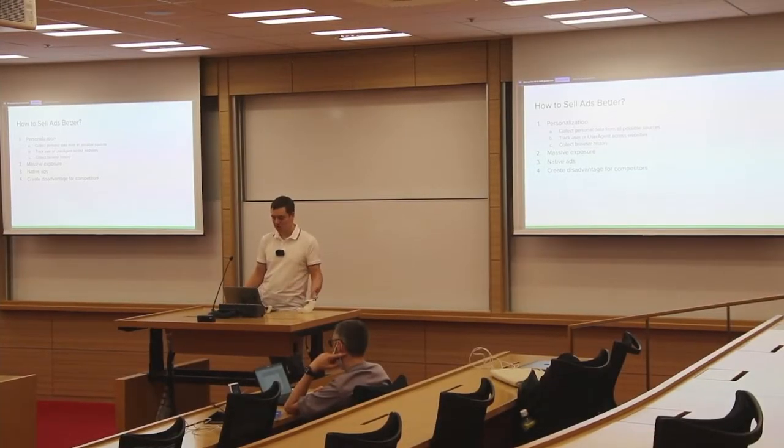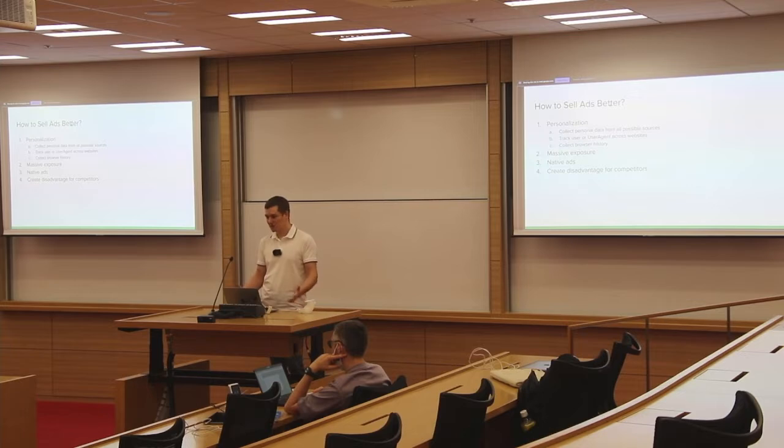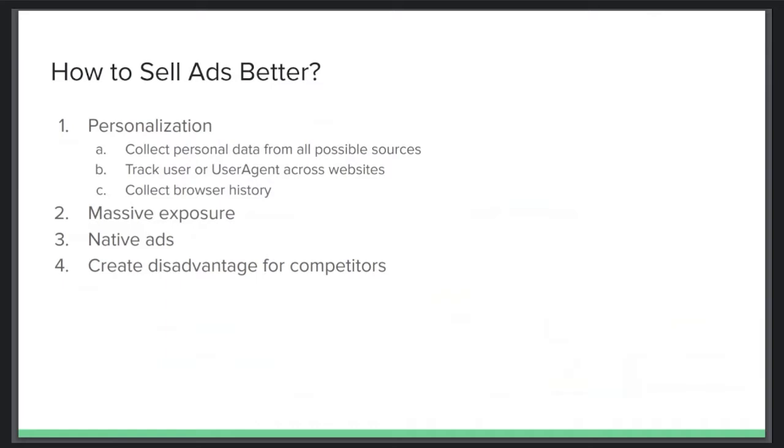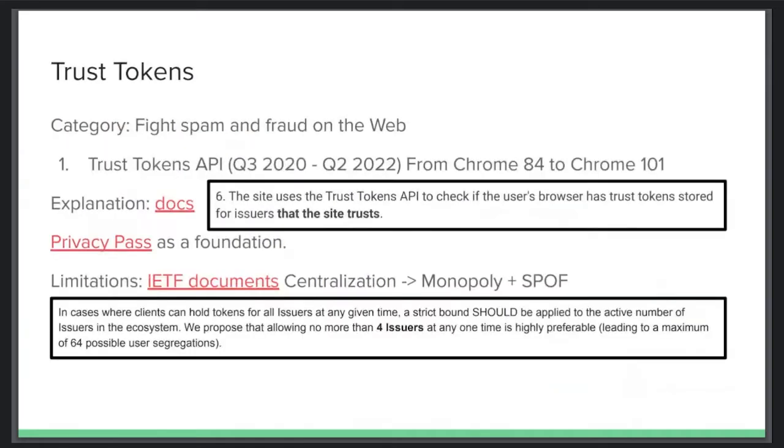And for example, you shouldn't advertise fast food to athletes and vice versa, et cetera. So it means that a company who so successfully sells ads to everyone as Google does is somehow not really interested in restricting privacy. That's why we should look carefully at these projects, because it's not always about privacy. Sometimes it's something different. So let's discuss some of them, and you will see the issues.